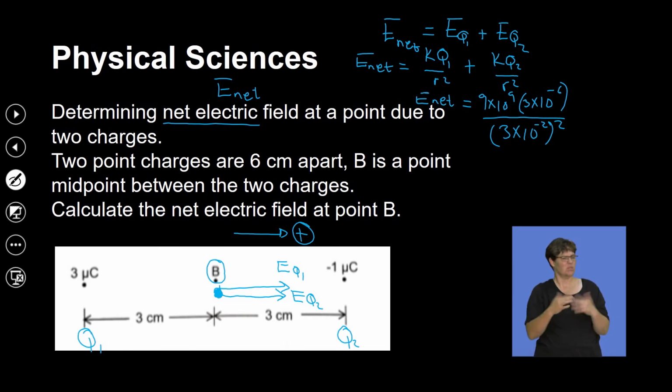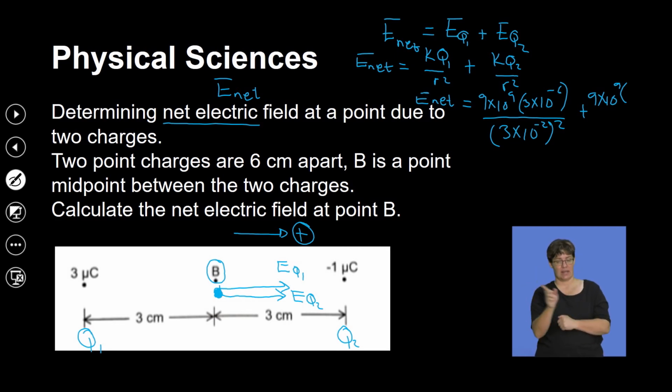What about E due to Q2? So this is plus E due to Q2. So we do our substitution, 9 times 10 exponent 9, right? Multiplied by our value for the charge Q2. Now we'll ignore the negative because it will mess up our direction, because we've used the vector diagram to determine E due to Q2, which is to the right.